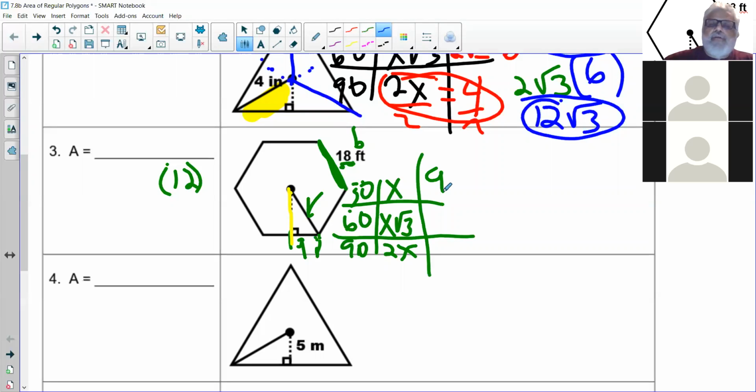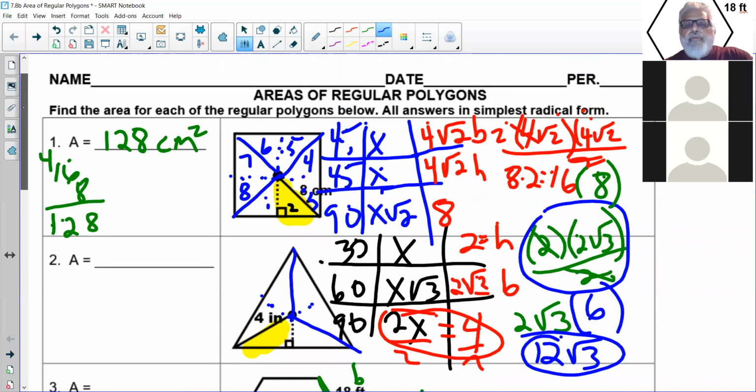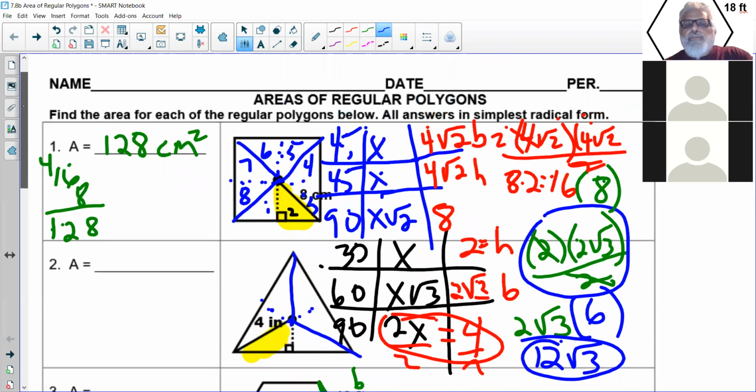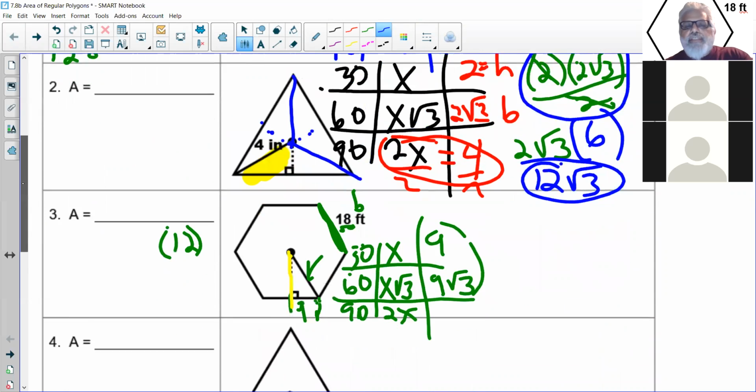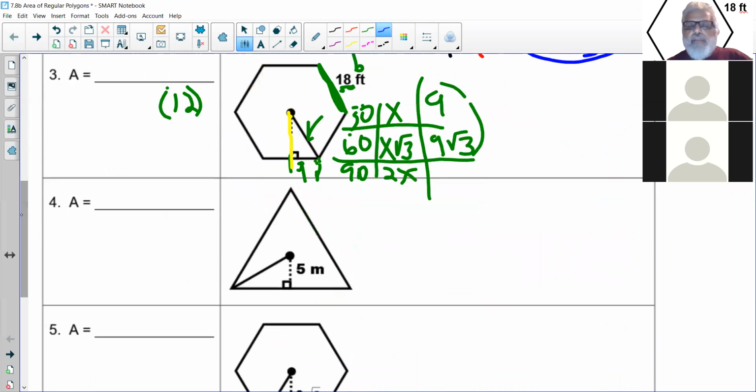So then what's the middle? 9 square root of 3. Yep, so that's what I'm multiplying. So if you remember, the top two ones are always the ones we multiply. Even if it's a 45, we multiply the two top ones. On the 30, 60, 90, you multiply the two top ones. And then I divide it by 2.